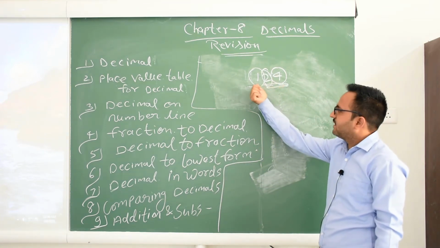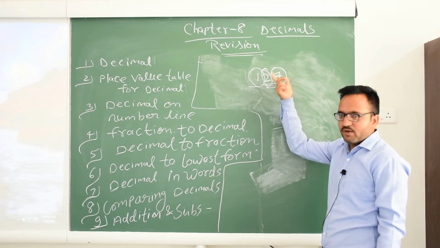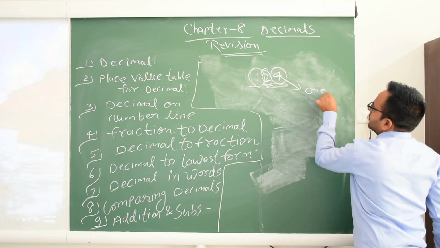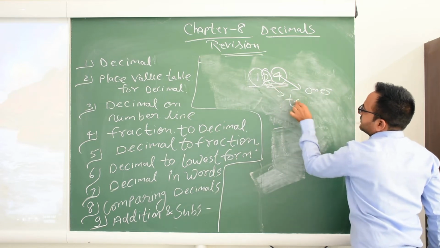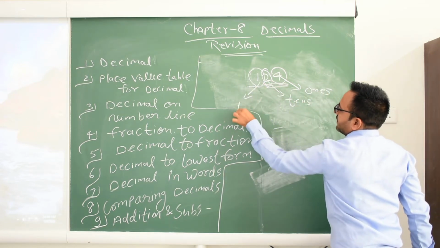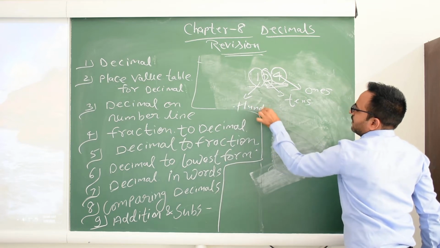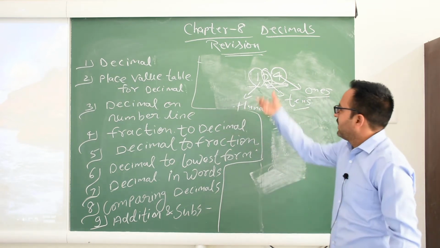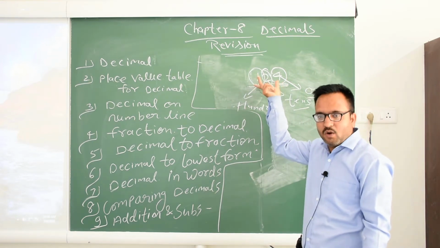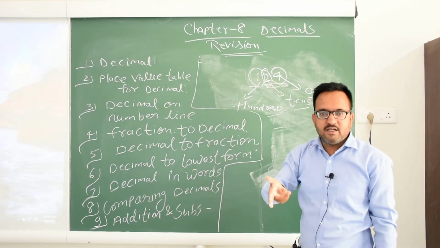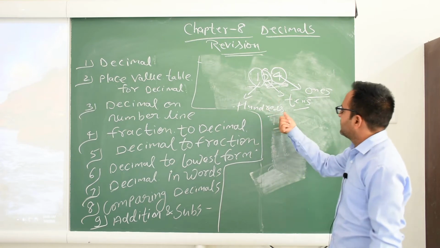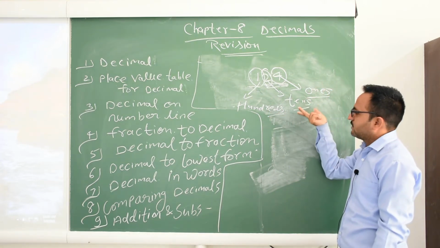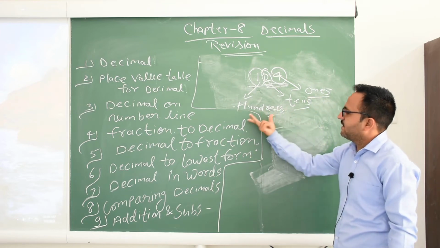We read it as 124. So the place values are ones, tens and hundreds. This is a whole number, not a decimal number.